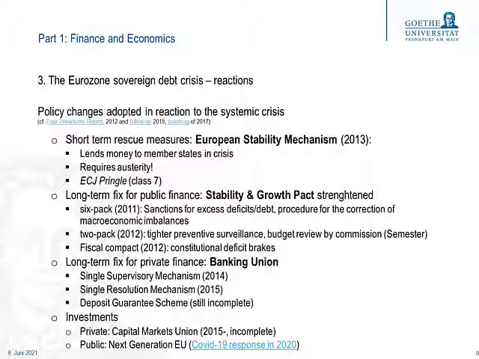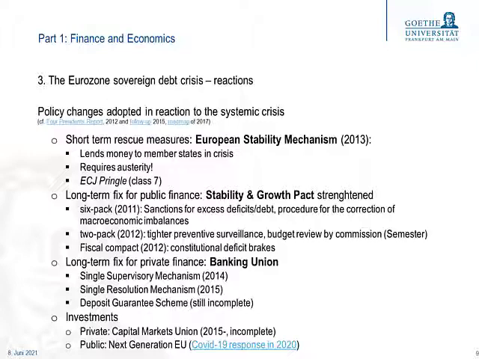The first one is the six-pack, that's 6 regulations and directives adopted in 2011, and their function was to make the Stability and Growth Pact stricter. So the idea was that sanctions should come earlier and be more incisive, and there should also be a procedure for the correction of macroeconomic imbalances. So countries should be held to fix their problems of undercompetitiveness or overcompetitiveness at the right time.